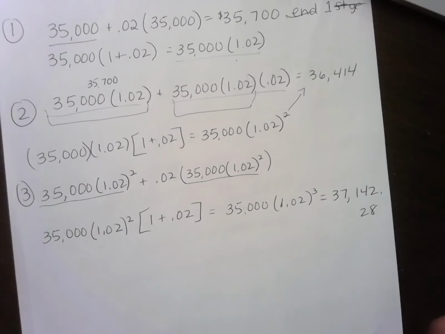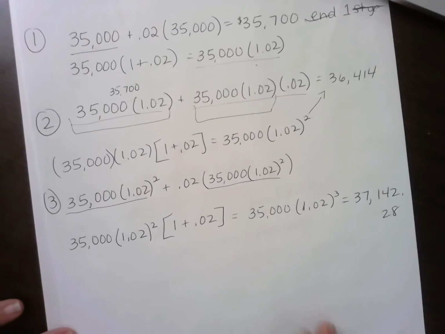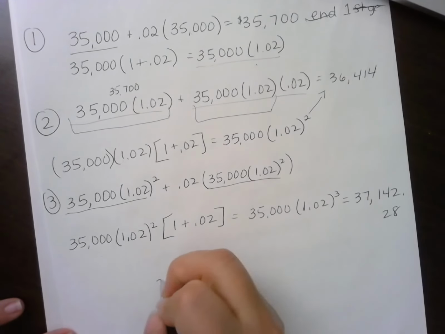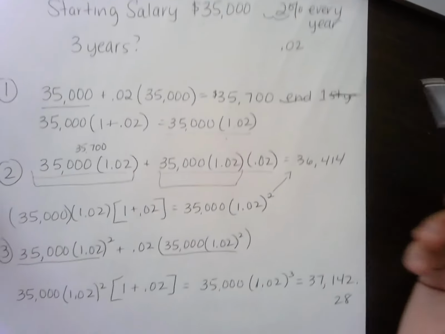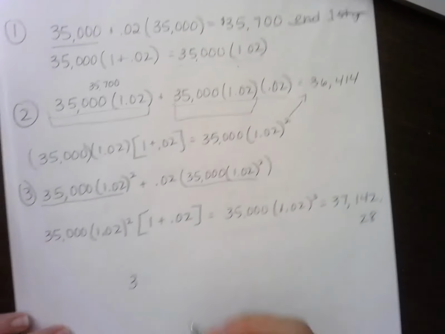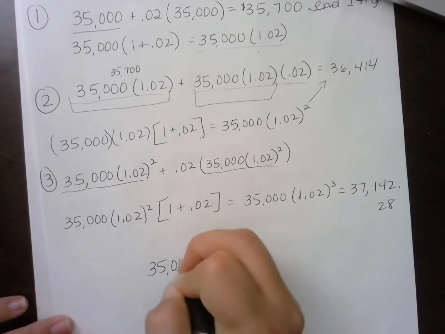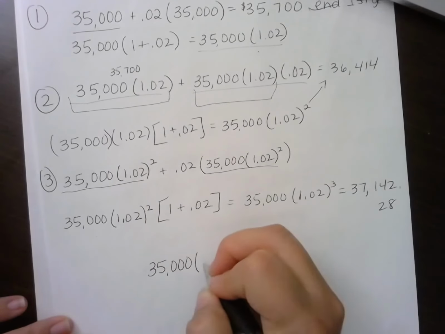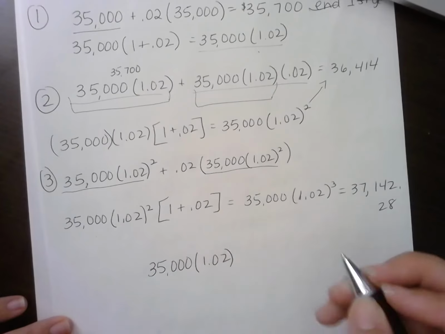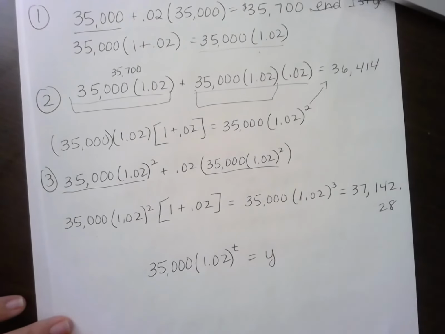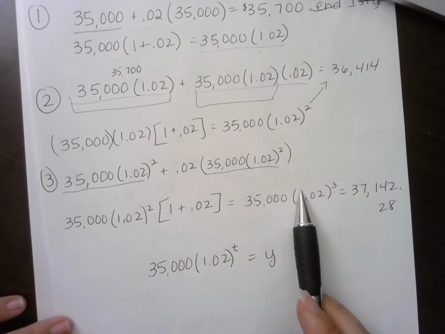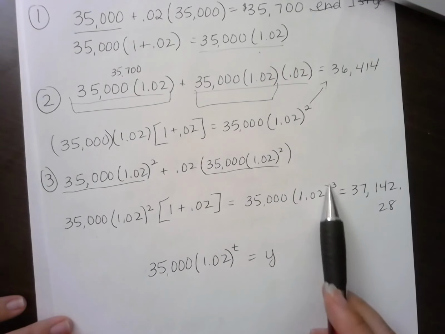So now I notice that basically my salary after X years, assuming a 2% steady increase, right? If it changes, then this doesn't work, but it would be 35,000 times 1.02 to the year that I want, right? Because this is my salary after 3 years, and this was a 3.